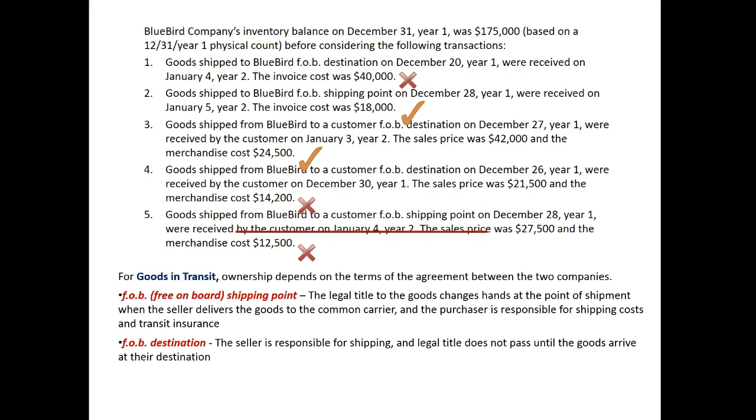Goods shipped from Bluebird to a customer FOB shipping point on December 28th, received by the customer on January 4th. Guys, I don't know on that one. I think it should be included in Bluebird's inventory because it passed the shipping point on December 28th.